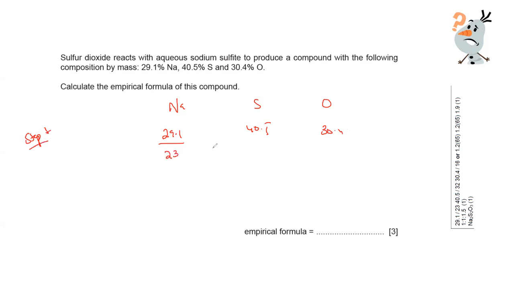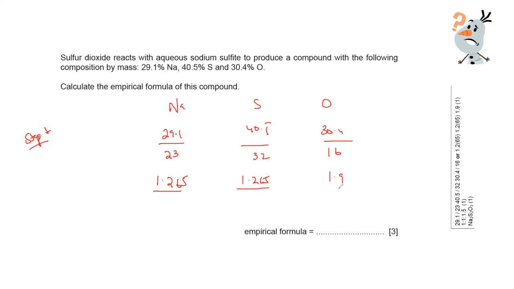Sodium is 23, sulfur is 32, and oxygen is 16. 29.1 divided by 23 equals 1.265. 40.5 divided by 32 is equal to 1.265. And 30.4 divided by 16 is equal to 1.9.